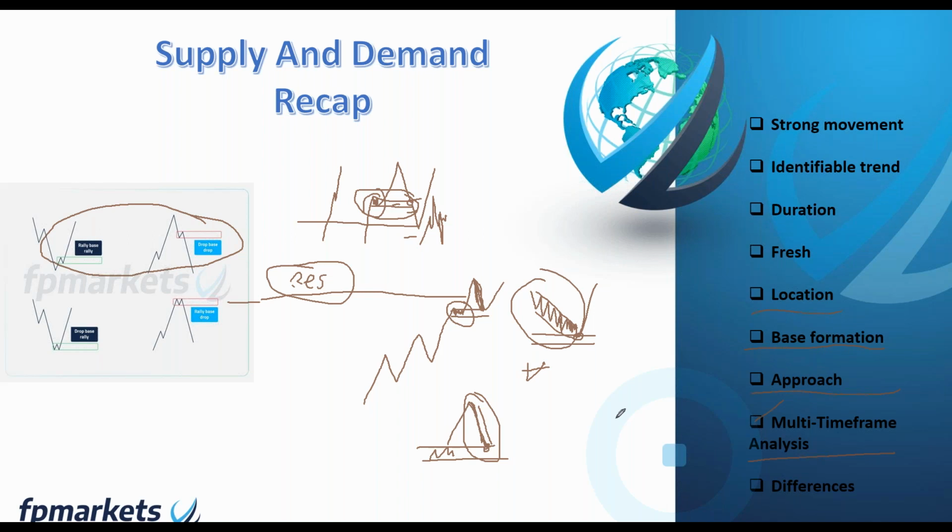Another question from the kid: do you use any other indicators for confirmation? There are a number of indicators you can use, of course. I'm a big fan of the RSI, particularly if these areas are hit with the RBR, rally-base-rally.